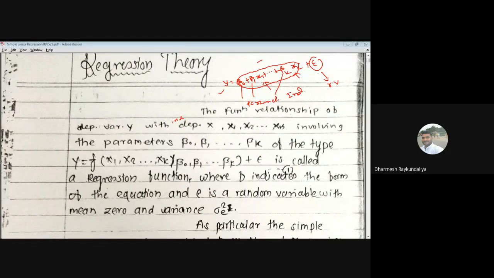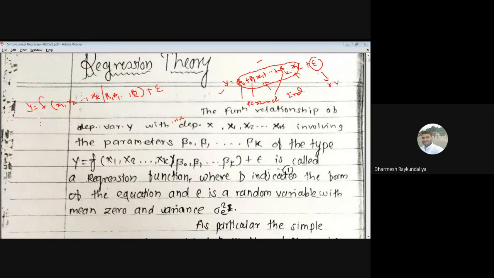If you are writing in the functional form, y is equal to f of x1, x2, xk, here the parameters are given, plus epsilon.